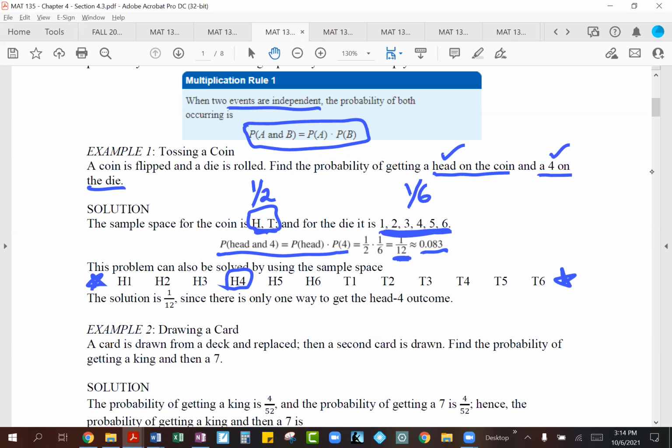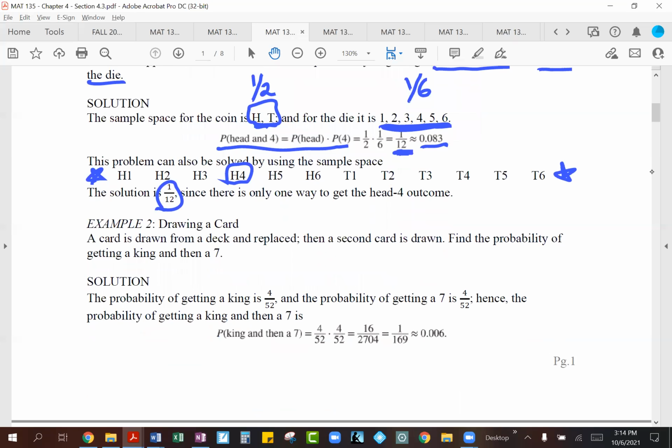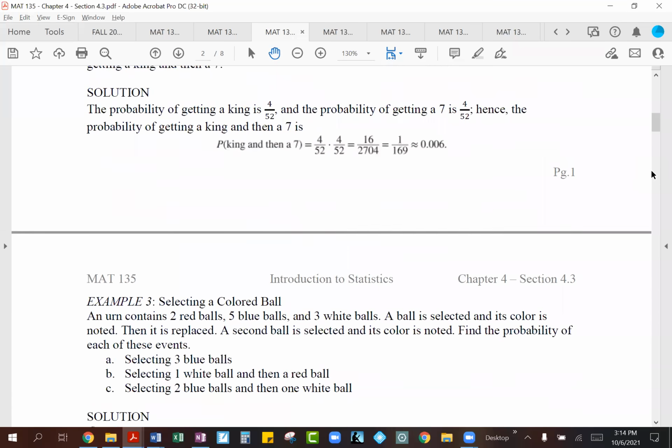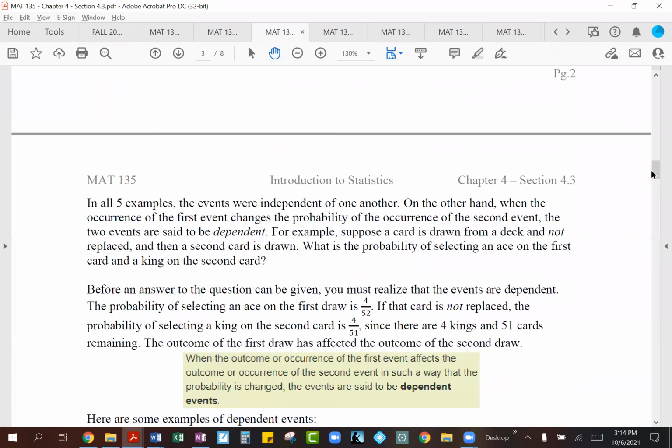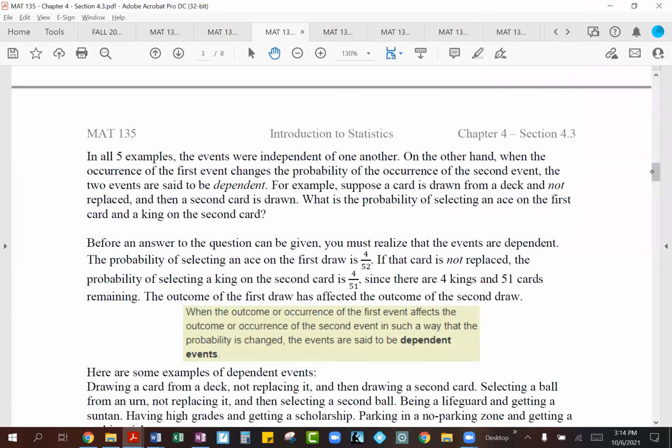So out of 12, only 1 of them is going to give us a head and a 4, and you can see that matches when we did our probability just by using this formula over here. So that's kind of what they're showing you if the events are independent. Now, what happens if you have dependent events?